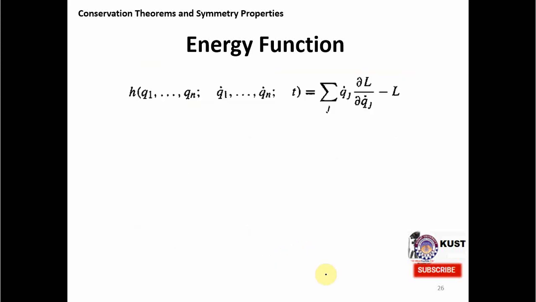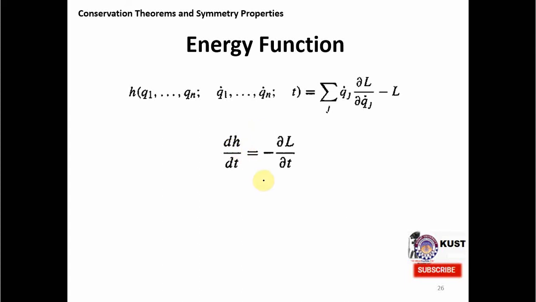Or we can write this whole thing in terms of the first integral. Sometimes it is also called a Jacobi integral when we are talking about the energy functional. This is the first integral of the motion, dH by dt minus del L by del t, and this H can be the energy.